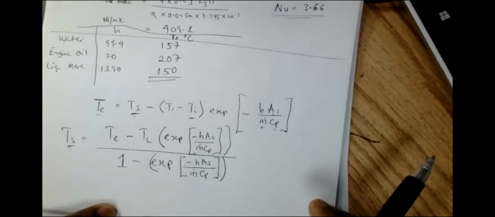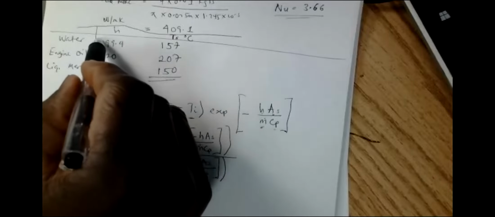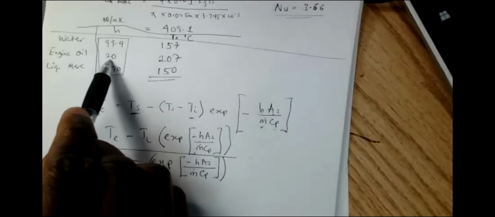Now, there's a comment I want to make here. Do you notice something about these values? You have water at 99.4 watts per meter Kelvin. You have engine oil at 20, and then just take a look at how huge this value is: 1,390 for liquid mercury.